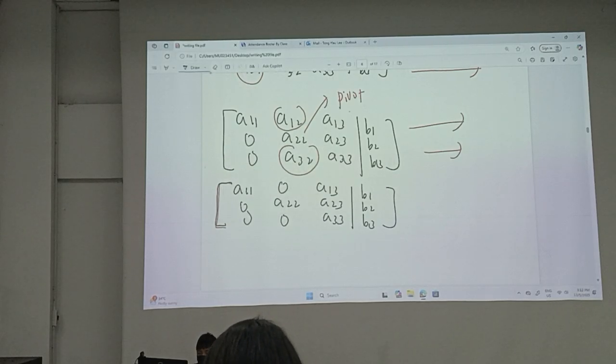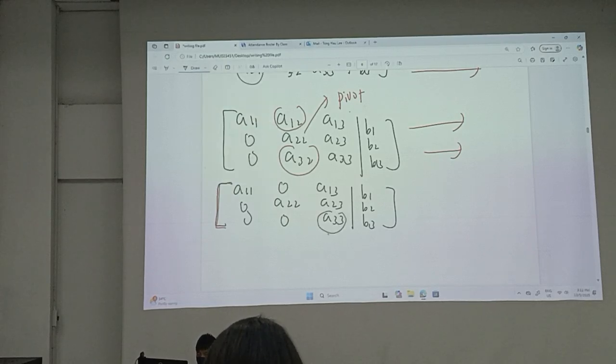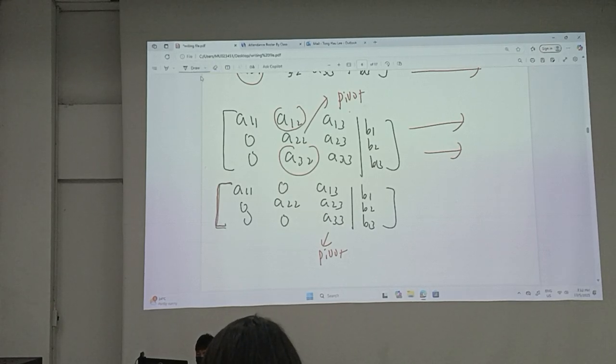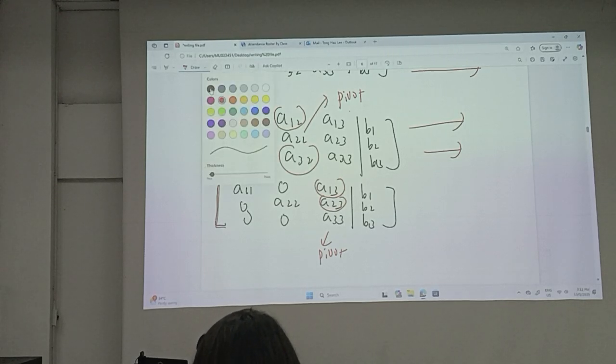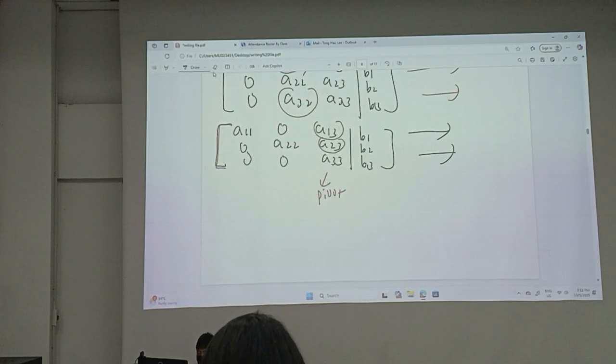Okay, so after that, A33 will be pivot. We need to turn A13 and A23 to 0. So doing column by column.